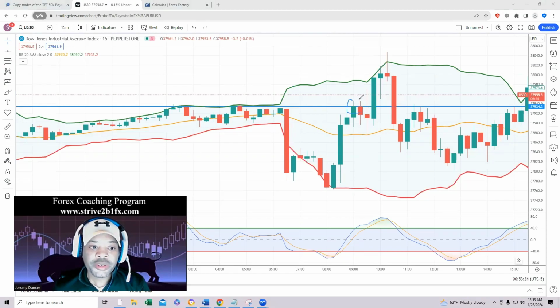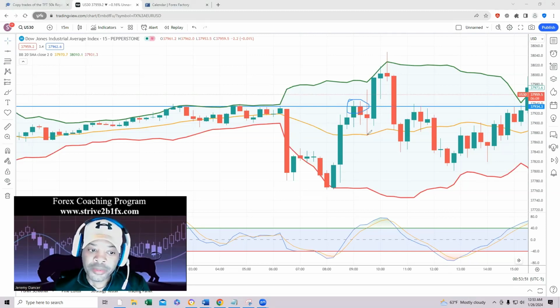This right here is kind of like the supply, but it's very small in comparison to the demand. So even though we do have some supply at this resistance area, because the demand is greater, this supply doesn't matter.